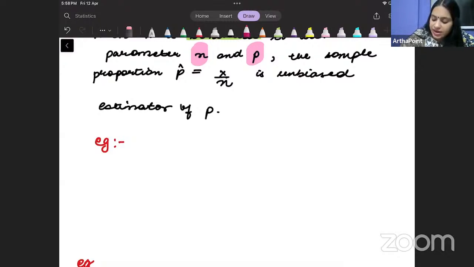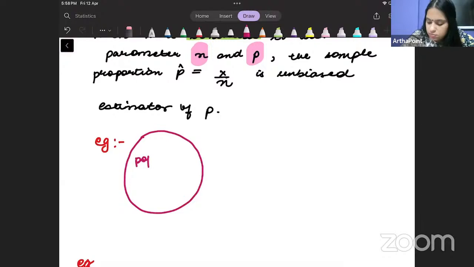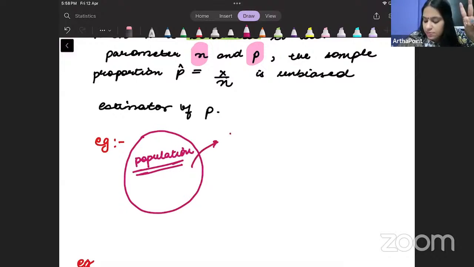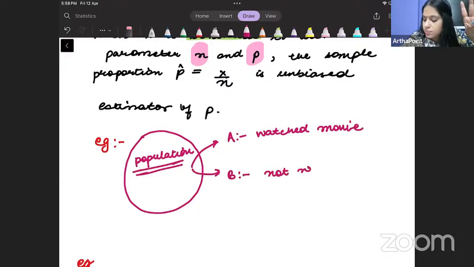So let me tell you that this is my population, right? And in this population, there are two kinds of people. दो तरीके के लोग हैं. People A, who have watched a movie, and people B, who have not watched a movie. Right, beta?